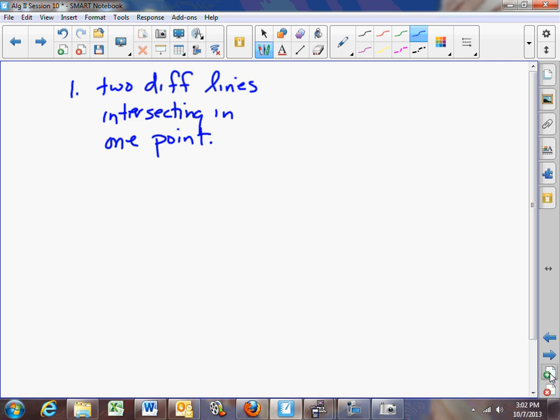When that occurs, we say that the system is consistent. Generally, consistent means there is a solution, and independent.